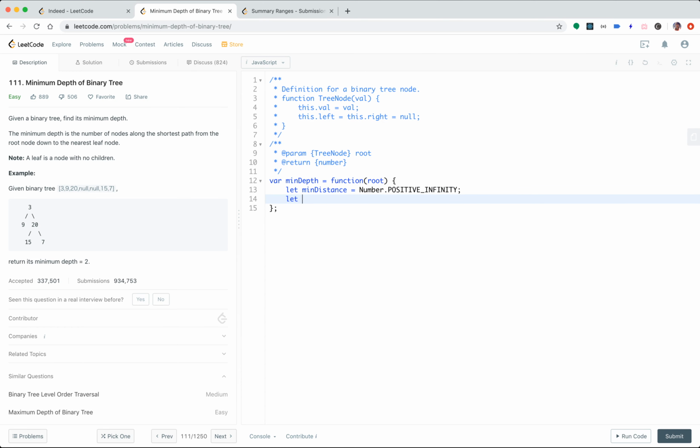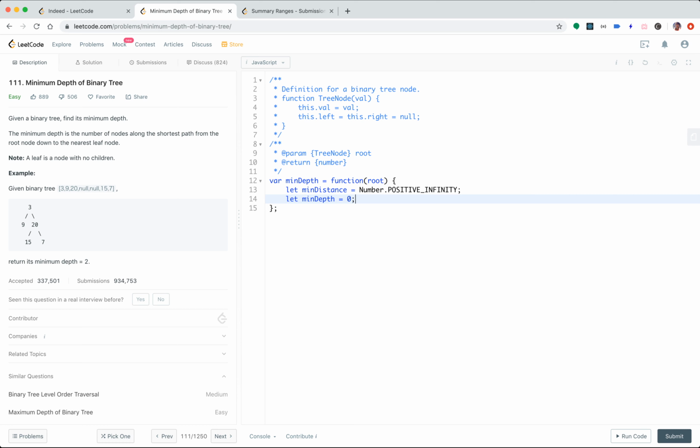Let depths, min depths. Depth is 0. So we will use DFS to sum up the distance, and once we meet the leaf, we update it.